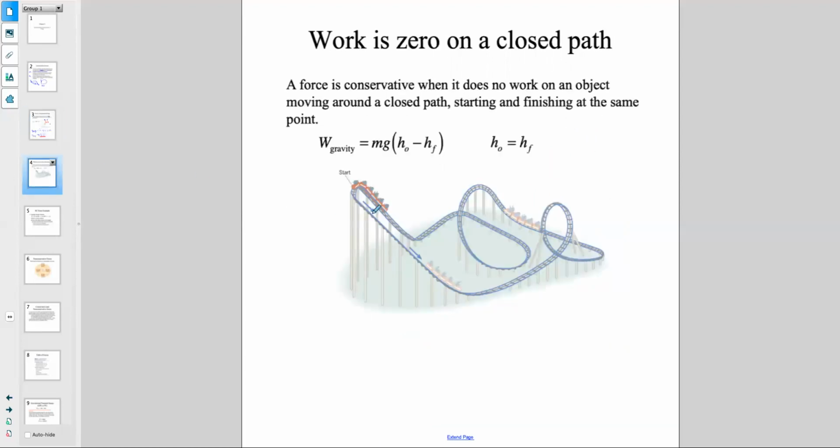Starting from this point, going all the way along this path, and then coming back to the same point. Initial and final height are the same, and thus the work done by gravity is 0. So a conservative force will do no work on a closed path.